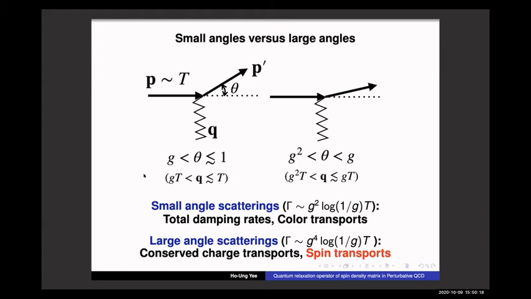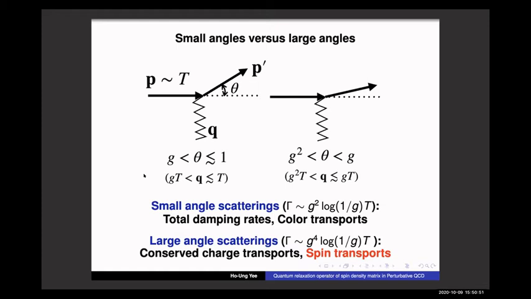Essentially, that means that the momentum transfer from the gluon is of the same order as the incoming momentum, which is T. These large angle scatterings give dominant contributions to conserved charge transport, such as the baryon charge, or the energy momentum transport, like shear viscosity.